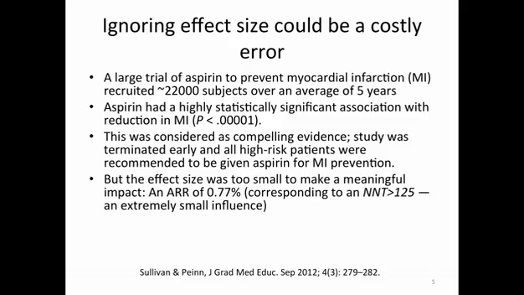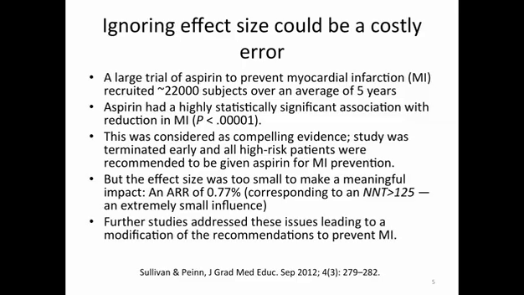An ARR, absolute risk reduction, of 0.77%, corresponding to an NNT more than 125, was noted. This suggests that aspirin has an extremely small influence in the context of clinical practice in public health, though the results were statistically significant. Further studies address these issues, leading to a modification of the recommendations to prevent MI.